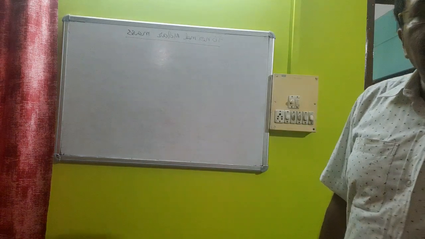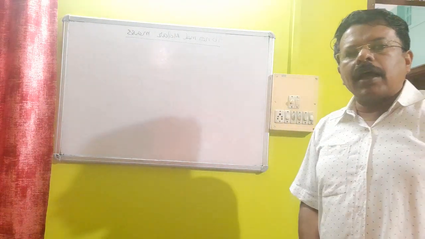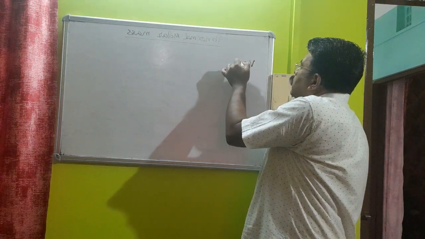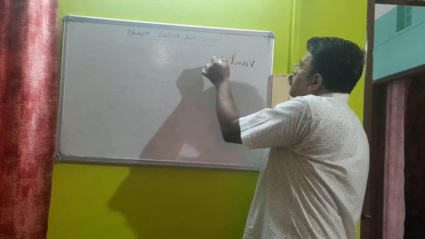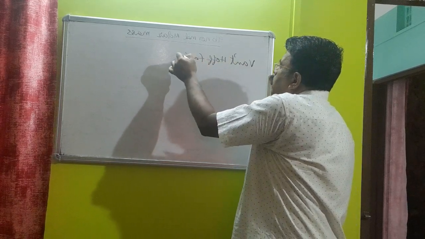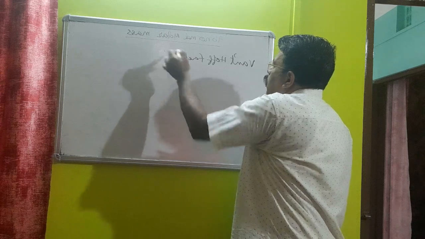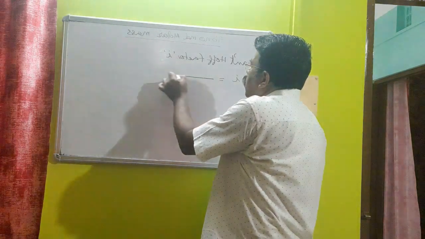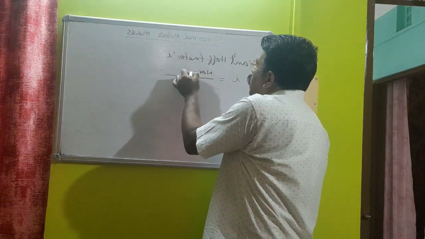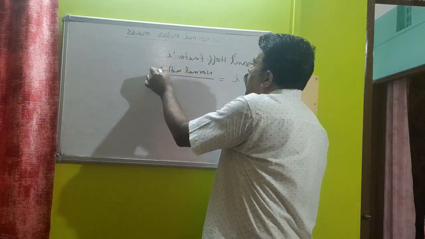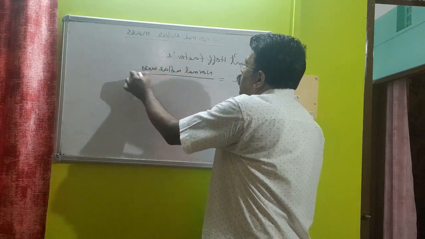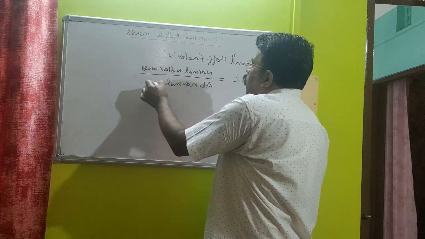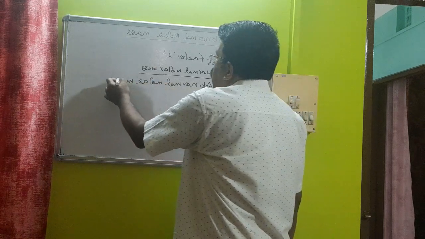So if in exam you are asked what is Van 't Hoff factor i, Van 't Hoff factor i is defined as normal molar mass divided by abnormal molar mass.